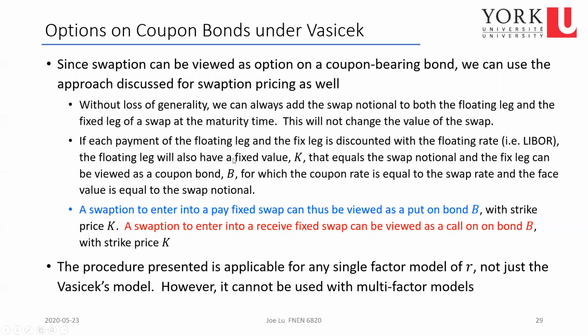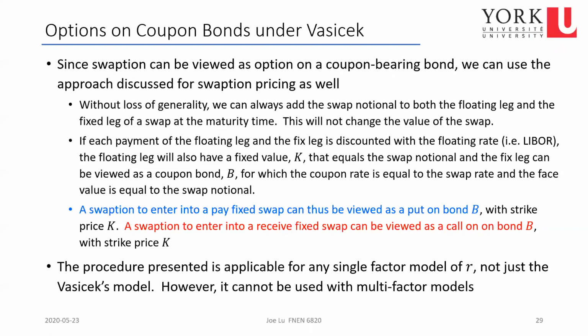The way to do that is, a swap basically has two legs, the floating one and the fixed one. The difference between a swap and a coupon bond is that the coupon bond has the final face value payment, whereas a swap doesn't.